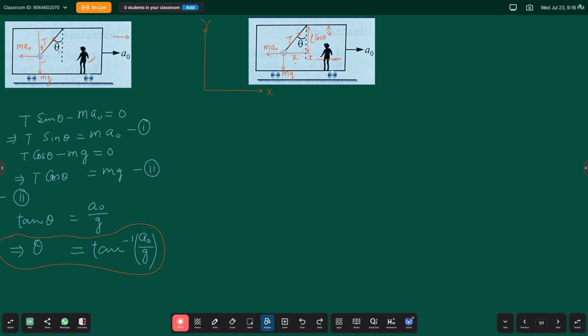We have taken it as L. So y, we can easily see, is L minus L cos theta. And x will be your L sin theta, from this triangle.